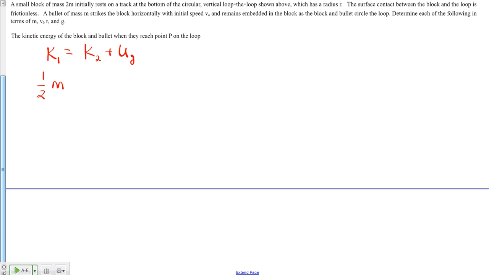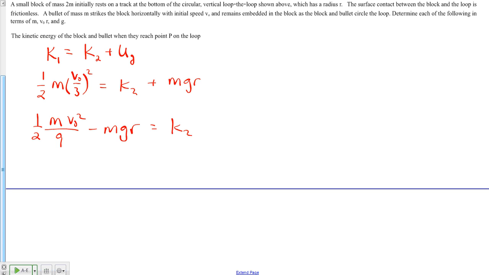What did we say this was? 1/2 m (v naught over 3) squared equals K2. Let's leave it there. That's the kinetic energy. Plus mgr. So 1/2 m v naught squared over 9 equals K2 plus mgr, so minus mgr equals K2.